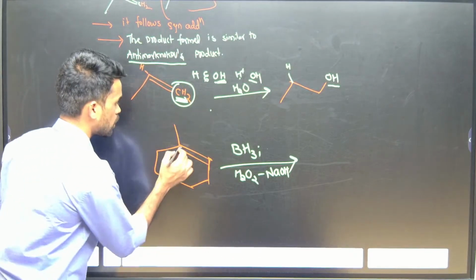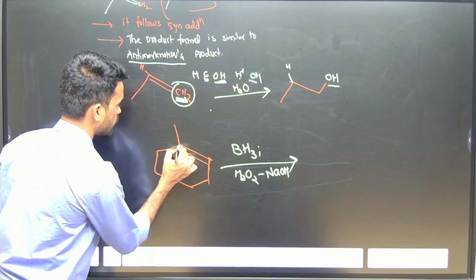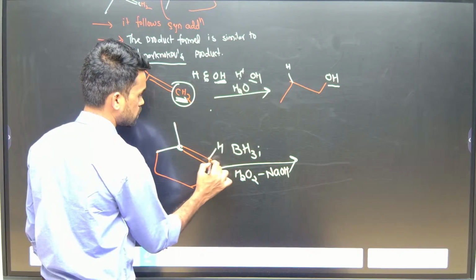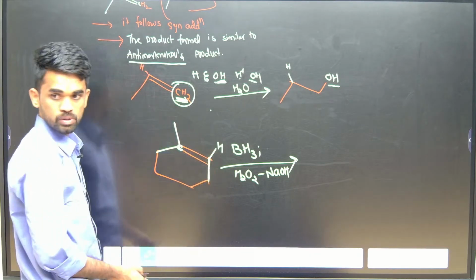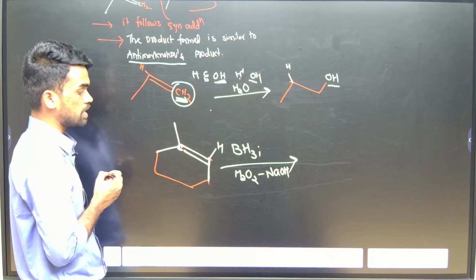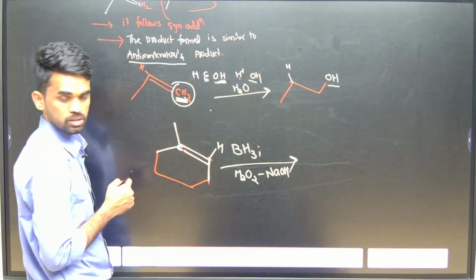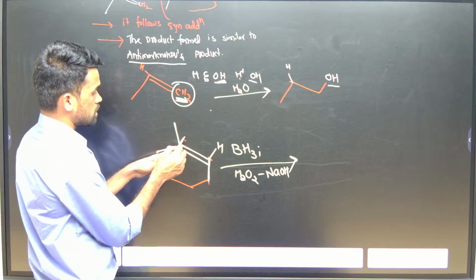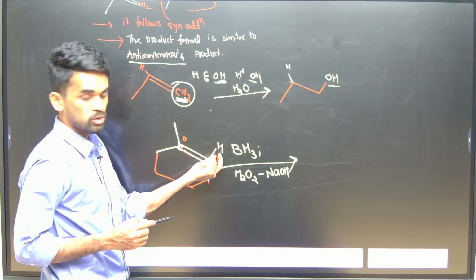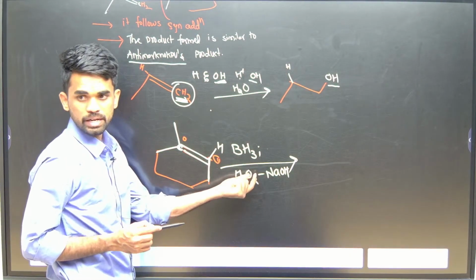Here the carbon has one alkyl group, a second alkyl group, and on this side one hydrogen, this is a methyl group. Out of these 2 carbons, which has more hydrogen atoms? There are 0 hydrogens on this carbon, and here you have at least 1 hydrogen. So wherever we have more hydrogens, there we need to add the negative part.